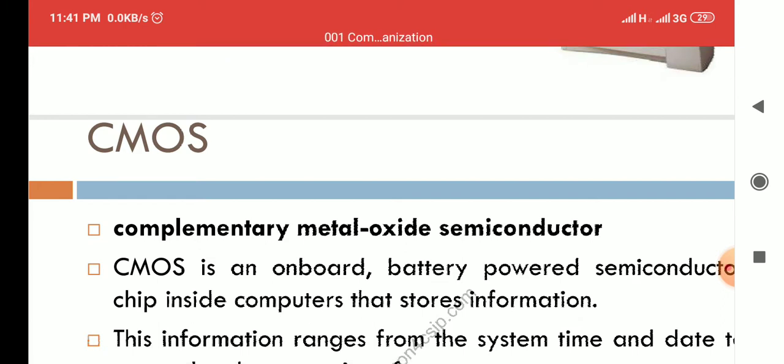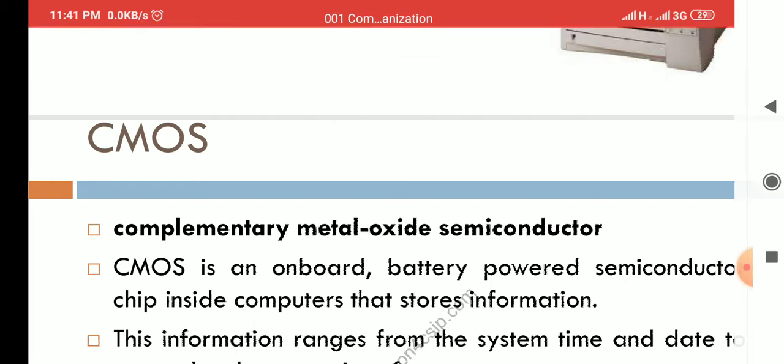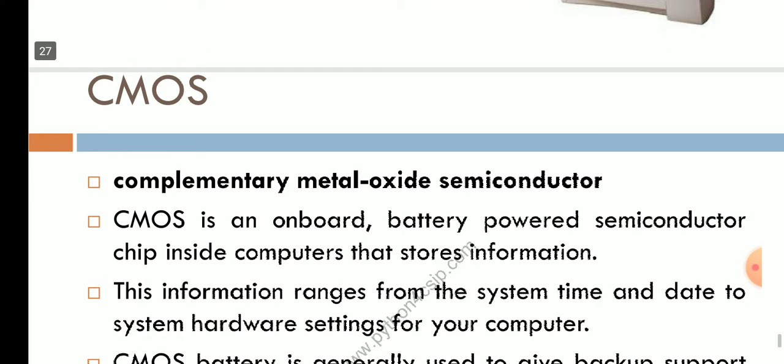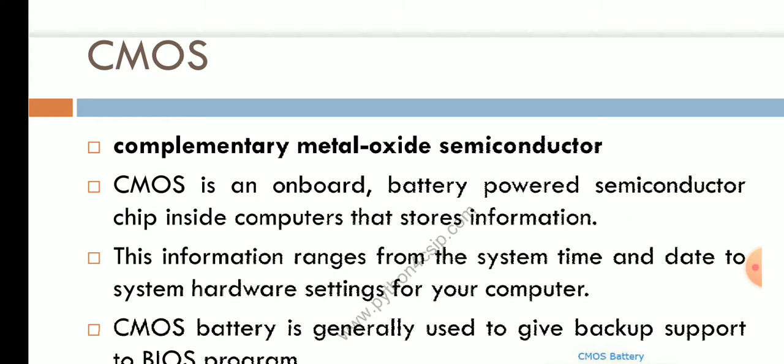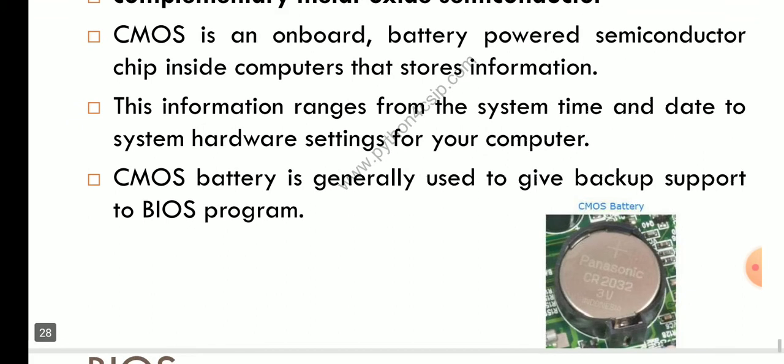Along with this, one important thing you want to know, apart from these devices, is CMOS. You would have heard this word, CMOS battery, which is present inside our CPU and maintains our system date and time, all those things. Look at this picture of a CMOS battery. It is a battery present inside our CPU which gives backup support to our BIOS program, actually system date and time.